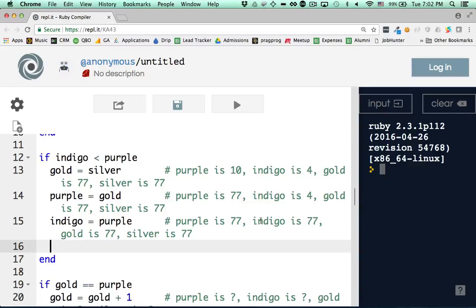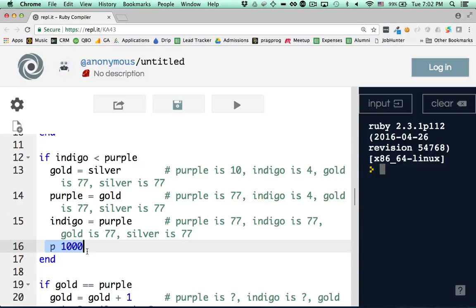Sam has a really good question. If I understand your question correctly, at this point indigo is less than purple, right? But by the time we get to, let's say, line 16, indigo is no longer less than purple because indigo is actually equal to purple. So Sam's question is, what happens on line 16? Is that your question? Yeah, that's an awesome question.